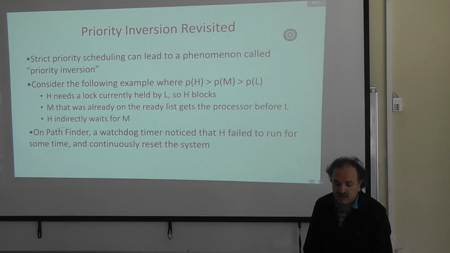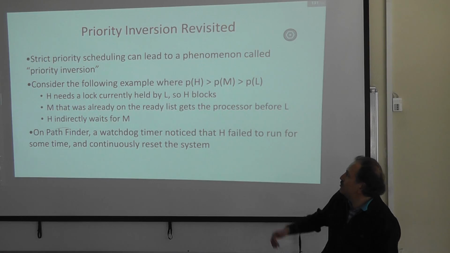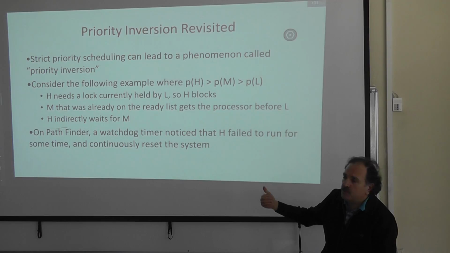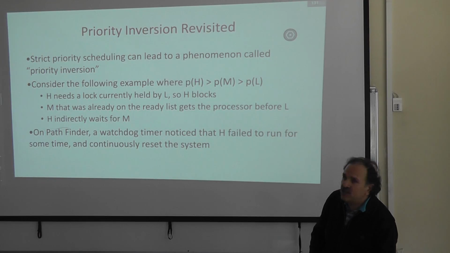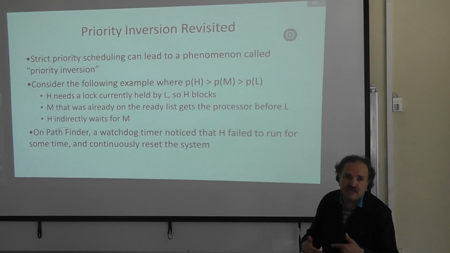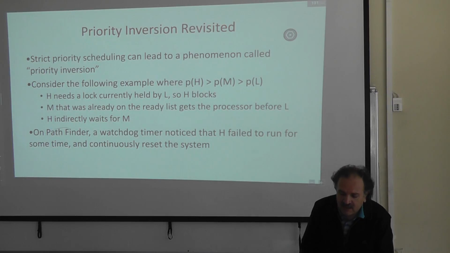Priority inversion. You have to complete M, which is a CPU bound process, to be able to get to H. If H is an interactive process and M is not an interactive process, let's say with M you are calculating all the digits of the number pi, the 10 billionth digit of the number pi.